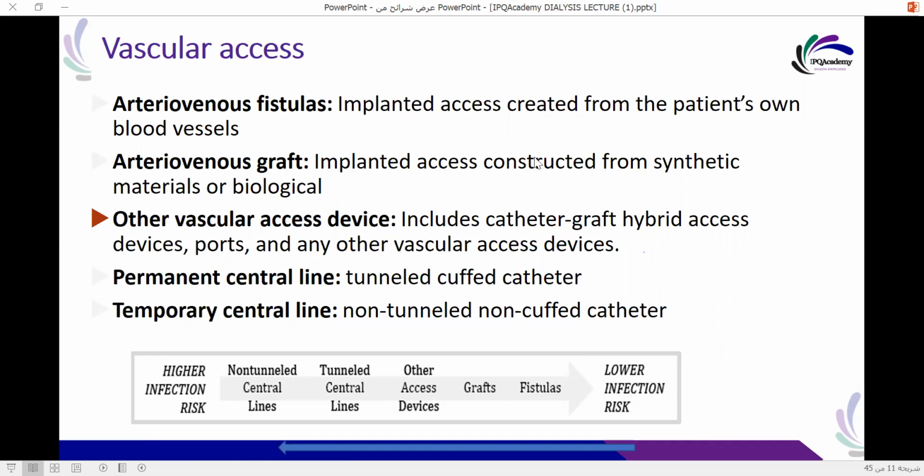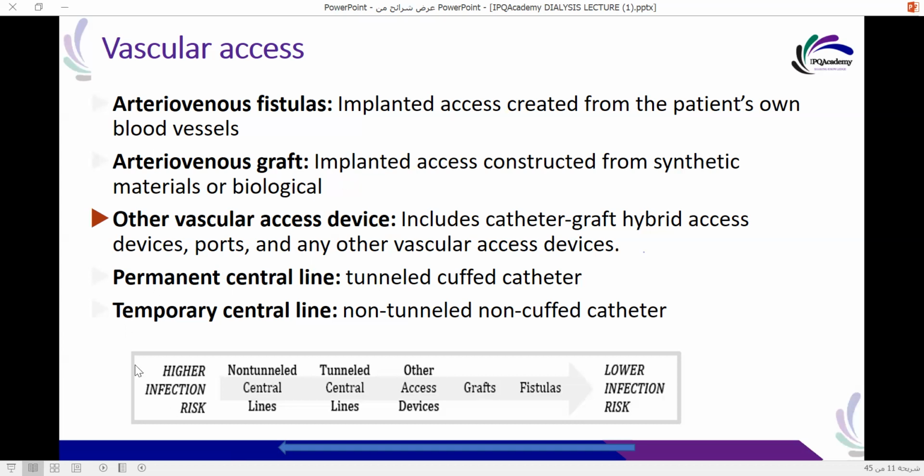An arteriovenous graft may be something biological from the patient or something synthetic, as we will see. Other vascular devices can be used, called catheter graft hybrid access devices, ports, and other vascular access. Also the permanent central line, which is called a tunneled cuffed catheter, and the temporary central line, which is a non-tunneled, non-cuffed catheter. When to use these, we will mention.